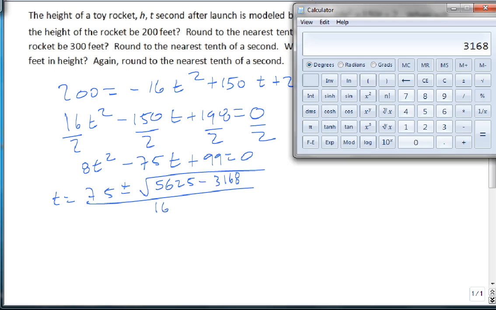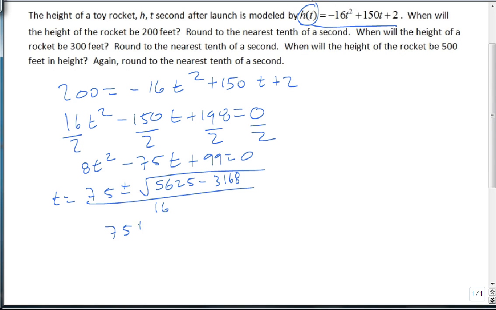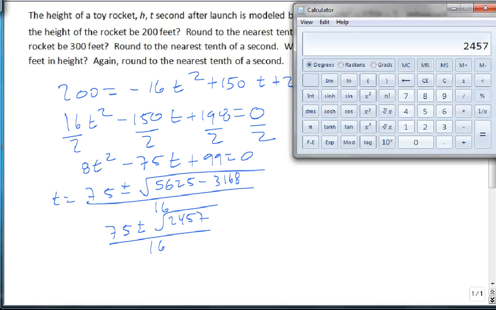Well, 5625 minus 3168 equals 2457. So we get 75 plus or minus the square root of 2457 all over 16, and when we take the square root of this, or raise it to the 0.5 power, it is 49.568.